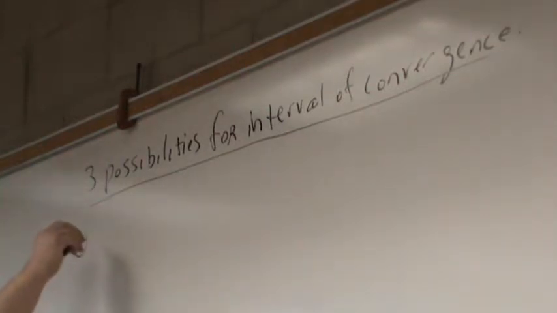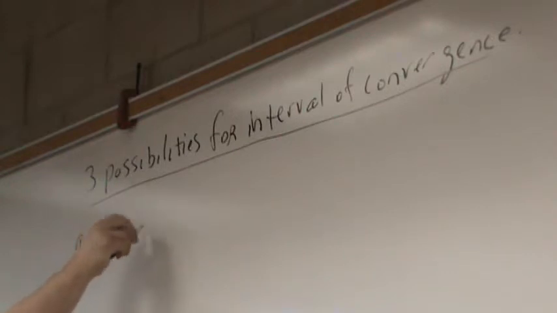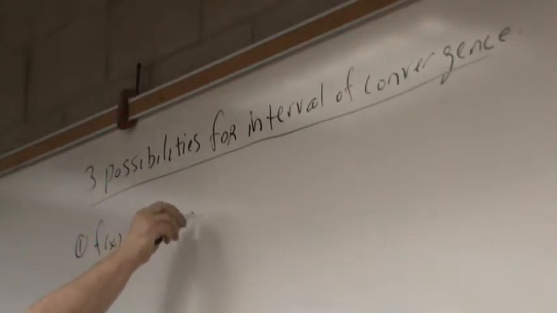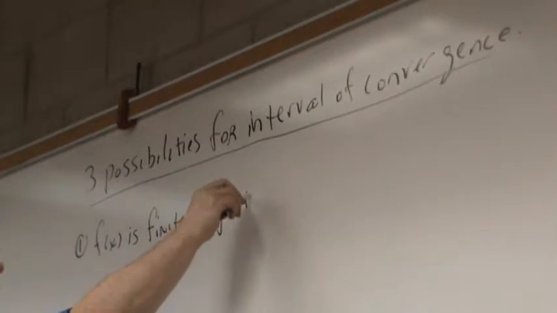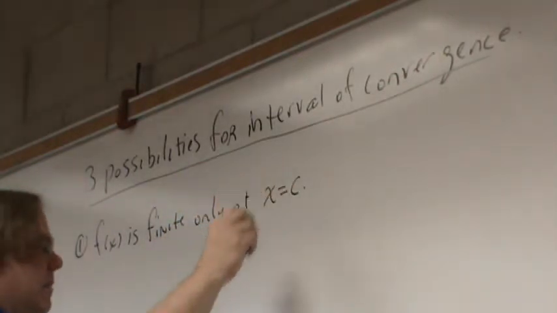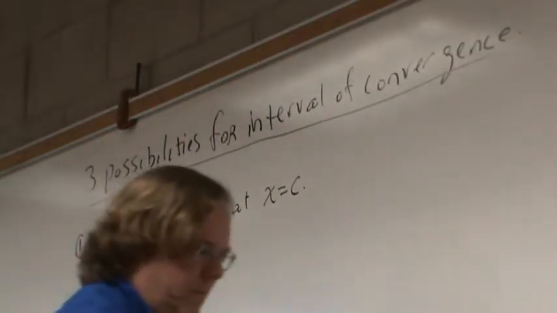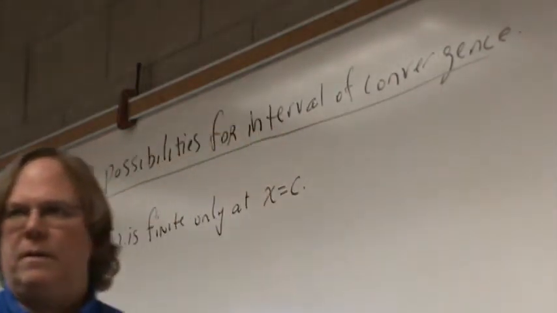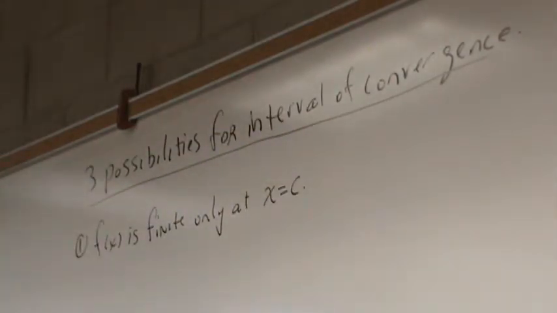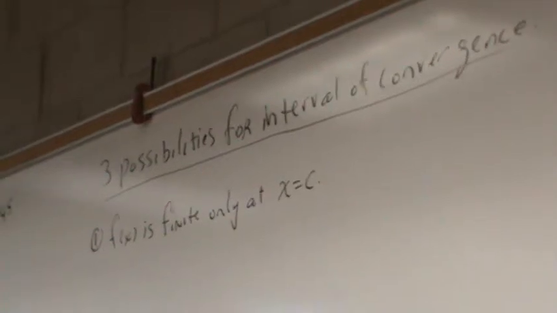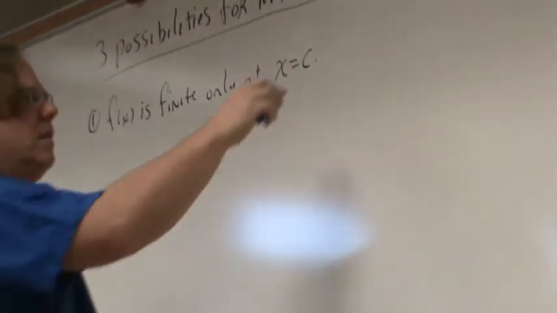So let me see here. F of x is finite only at x equals c. Let me give you an incredibly easy example of this.